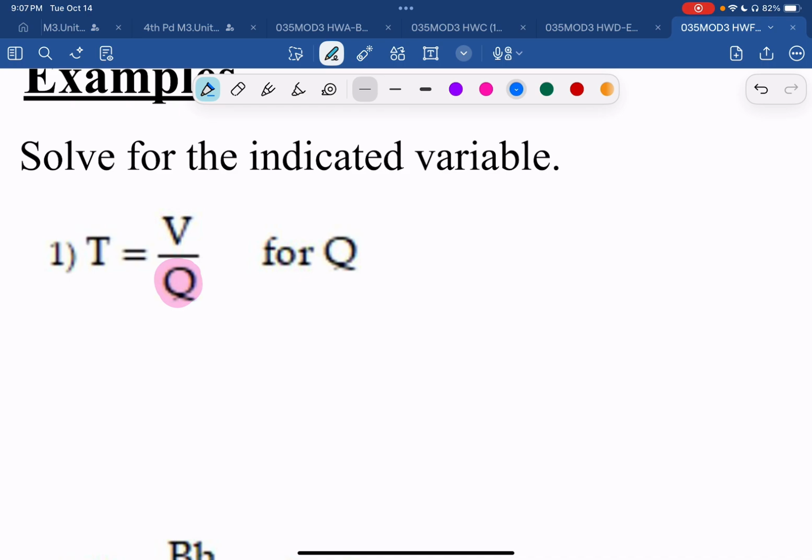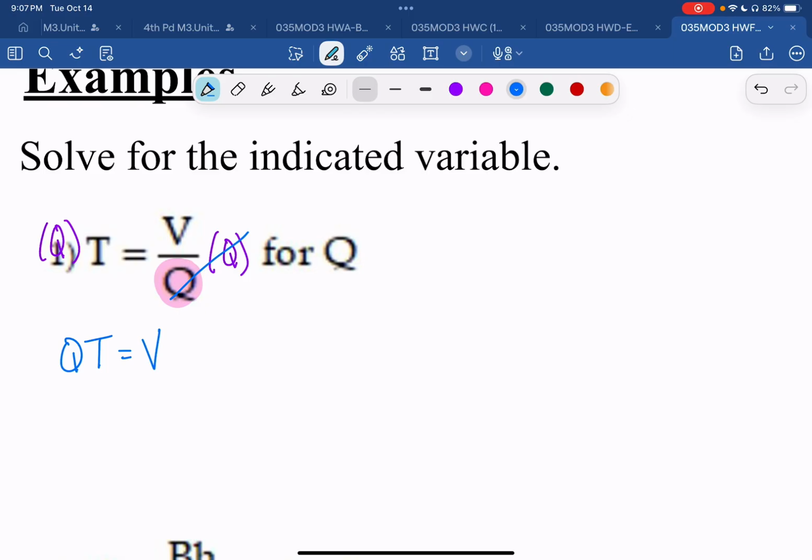So it's in the denominator. If it's in the denominator, I need to get it out. To do that, I need to multiply. I'm going to multiply both sides by Q. Okay, because that will make these go away, but it will also get rid of that fraction.